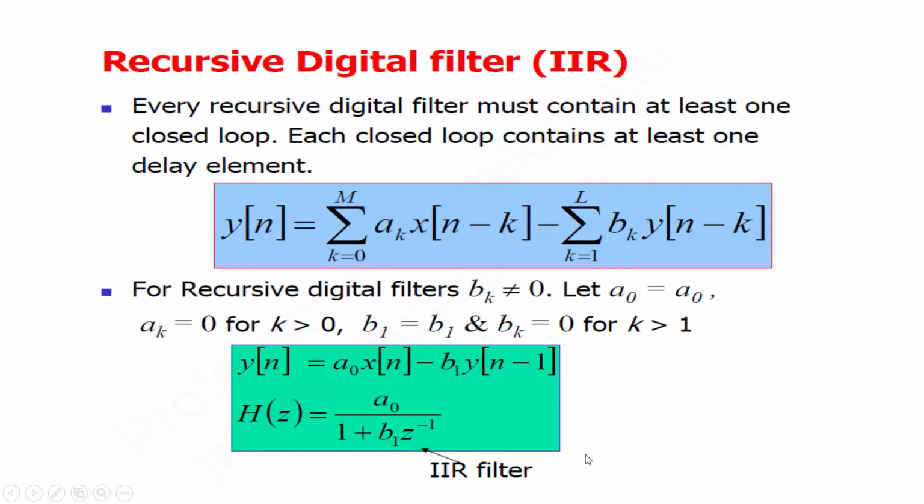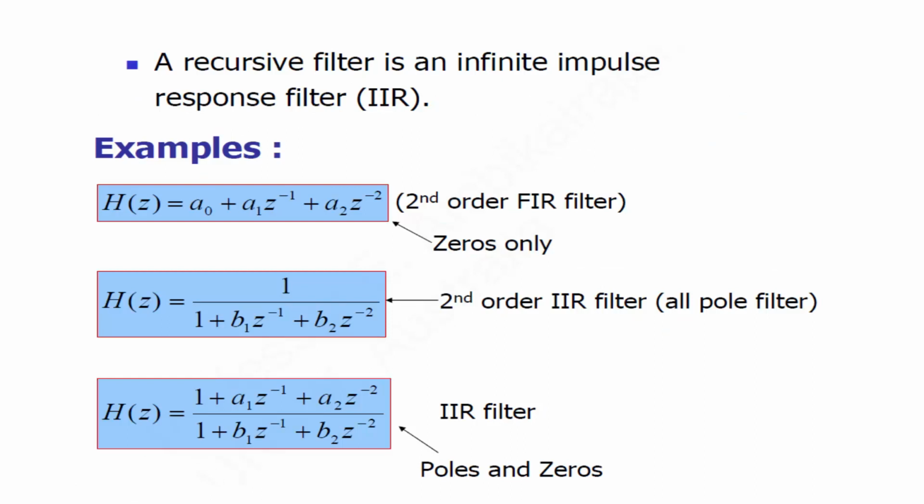So this is an IIR filter. FIR filters will not have any poles because there is no denominator term, whereas IIR filters can have zeros also and poles also. So that's what is said here. A recursive filter is an infinite impulse response filter. Now let's take examples.